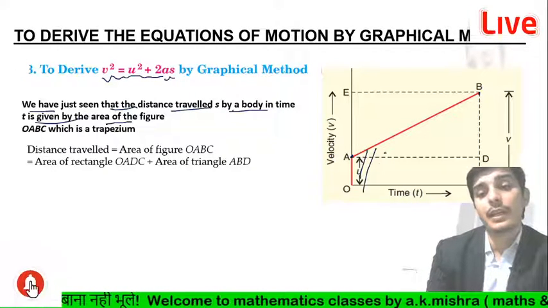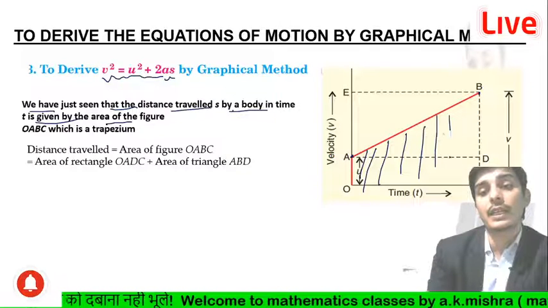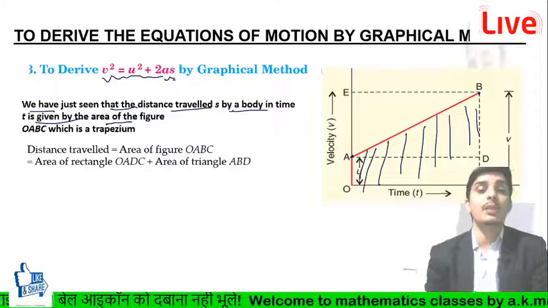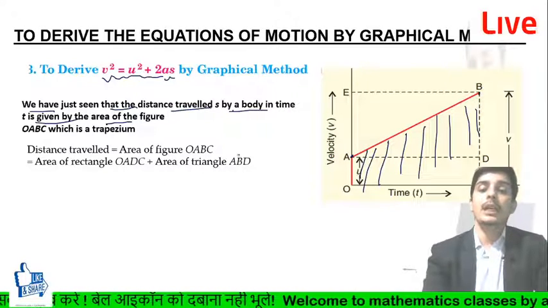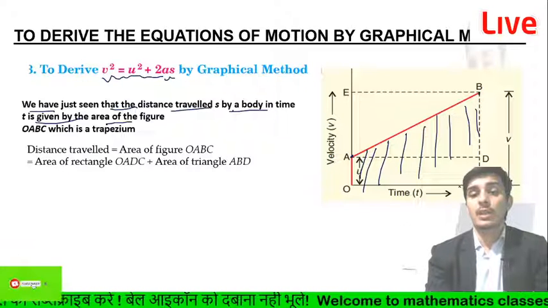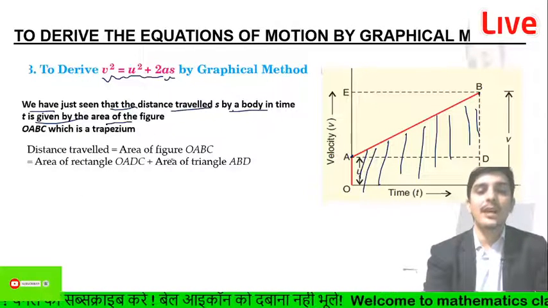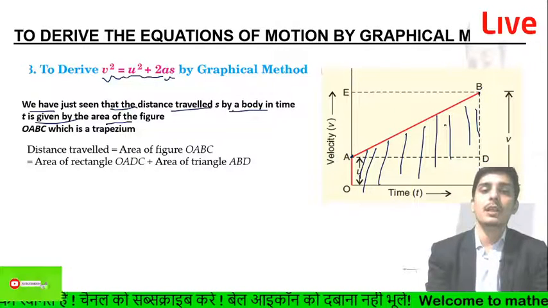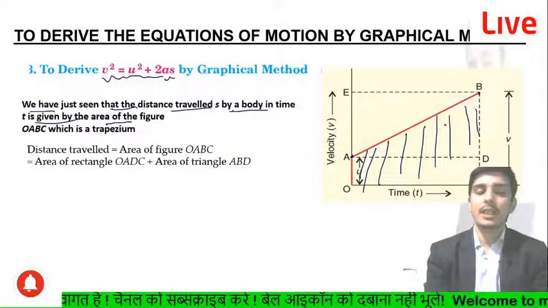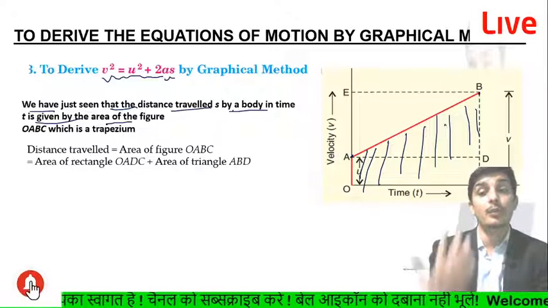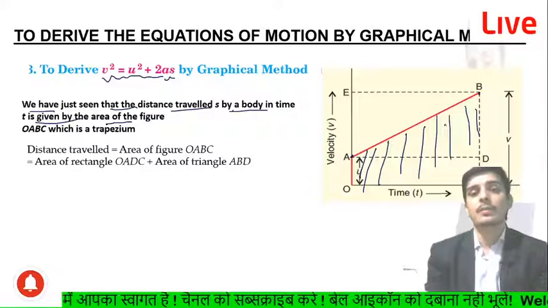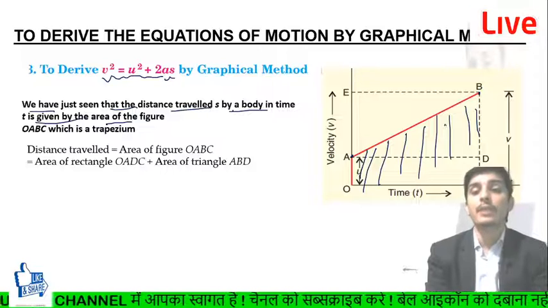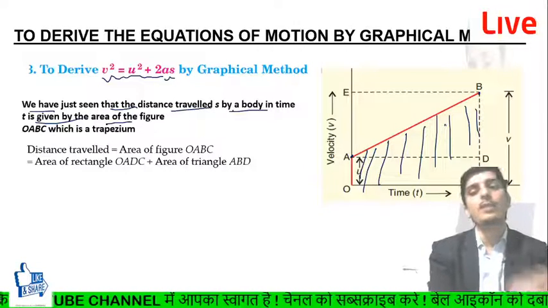By finding the area of this figure OABC, which is a type of trapezium, we can find v square. Otherwise, we can derive this equation very simply with the help of the second equation.